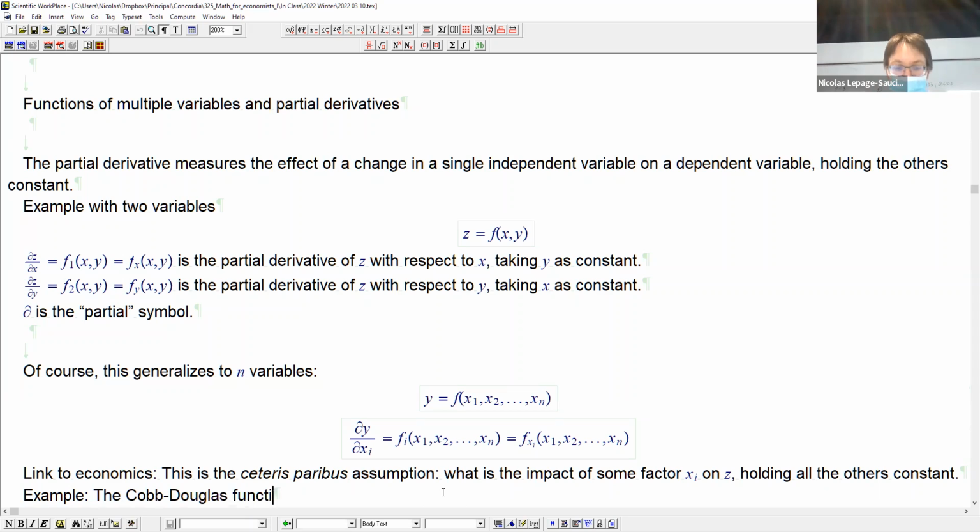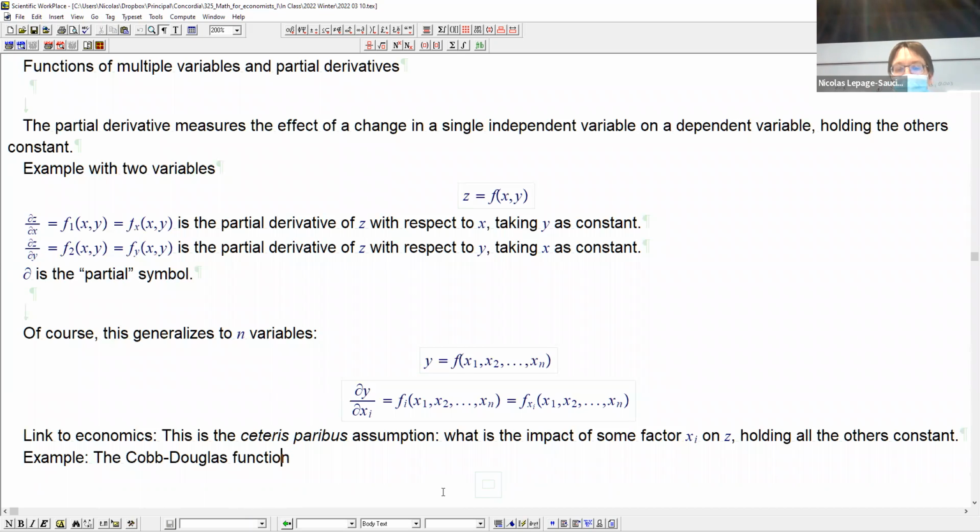Example, the Cobb-Douglas function, which can be used in macro for production as well. So is that something you've heard before? Yes. Is there somebody who has heard about this? Okay, good. So it's not everybody, so I'm teaching something to people.